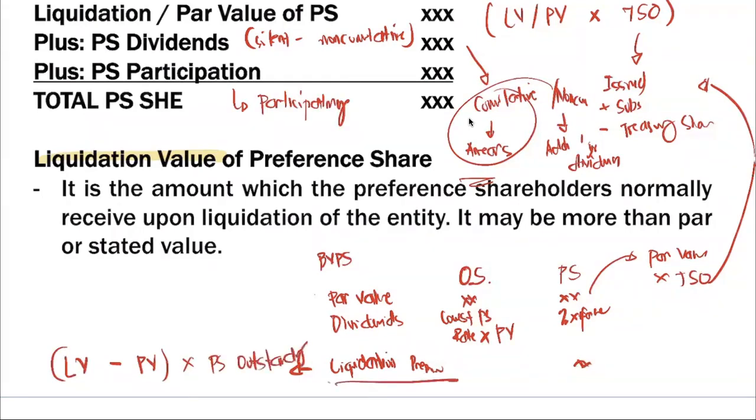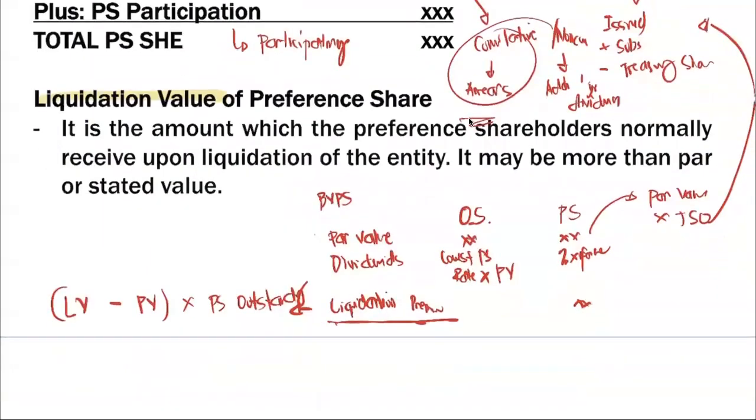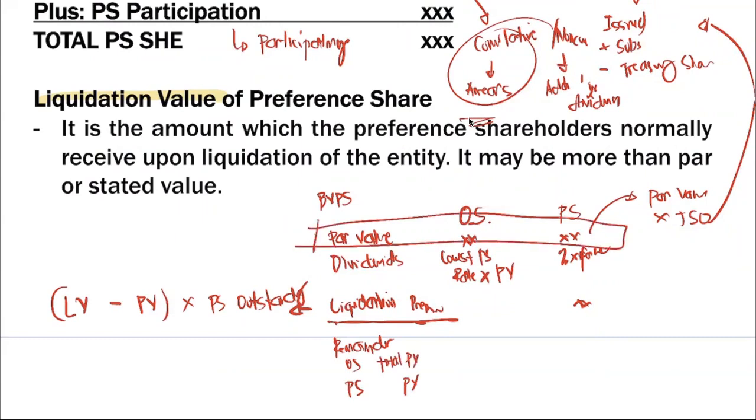So when we talk about liquidation premium, therefore, it is the difference between your liquidation value and your par value. And then after that, we have your remainder. Your remainder will be divided, again, participated by your OS and PS based on your total par value. Okay, so based on this amount, if the amount here is 3 million and 2 million, then we have here 3 over 5, 2 over 5. And you already know how to compute those items.